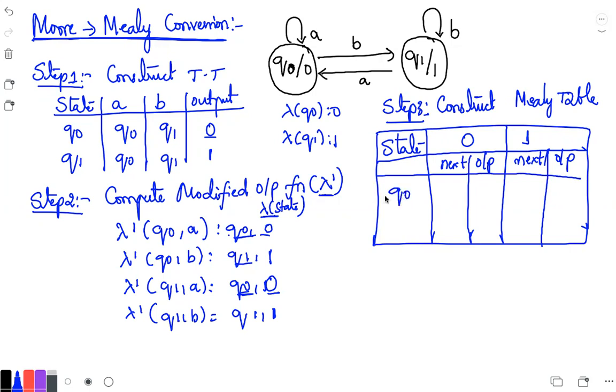Q0, sorry, the outputs are A and B, not 0 and 1.